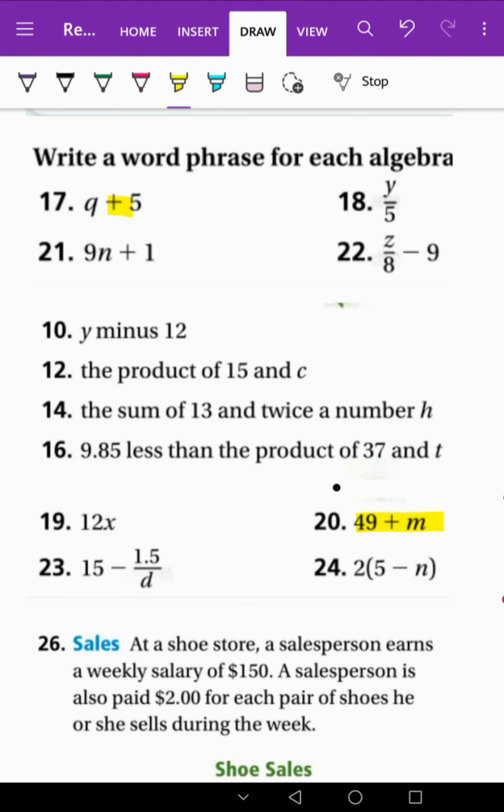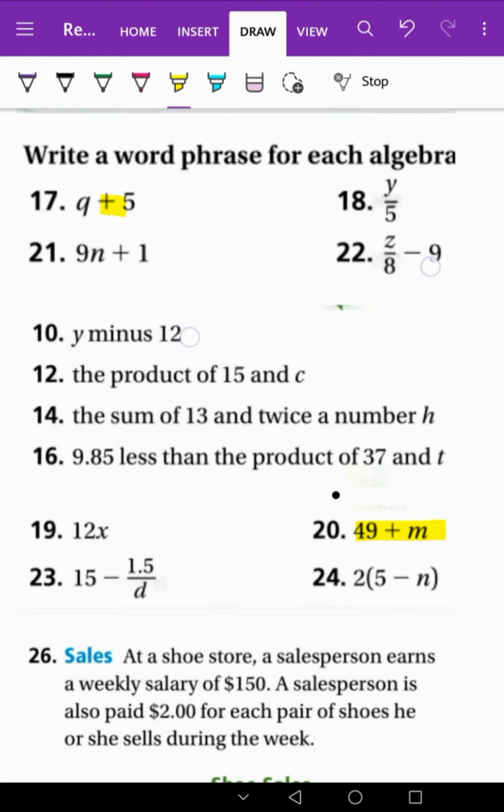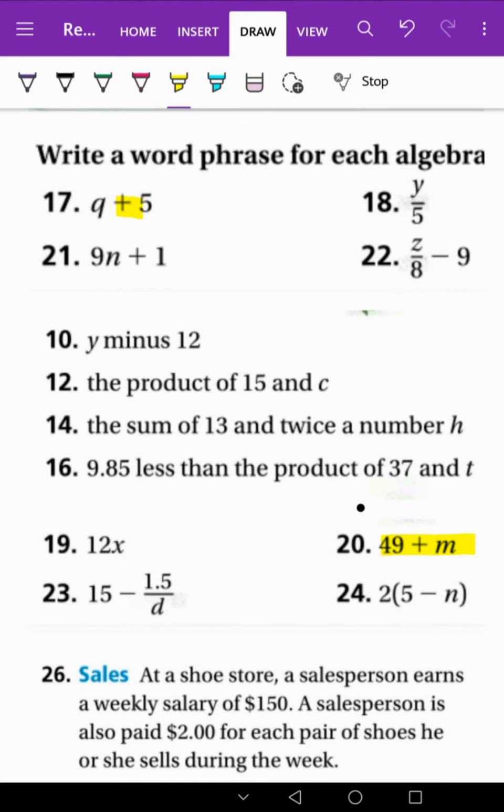Can you read it in another word phrase? The sum of q and 5. The sum between q and 5. Number 18, Ayman. The quotient of y and 5. How can we write it in another way? y divided by 5. Yes.